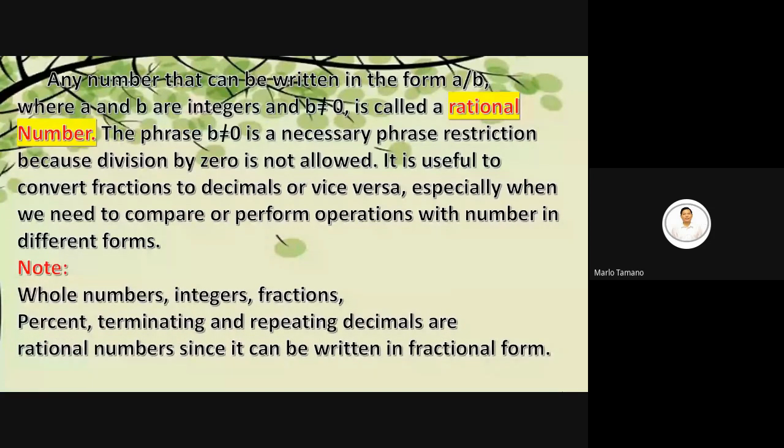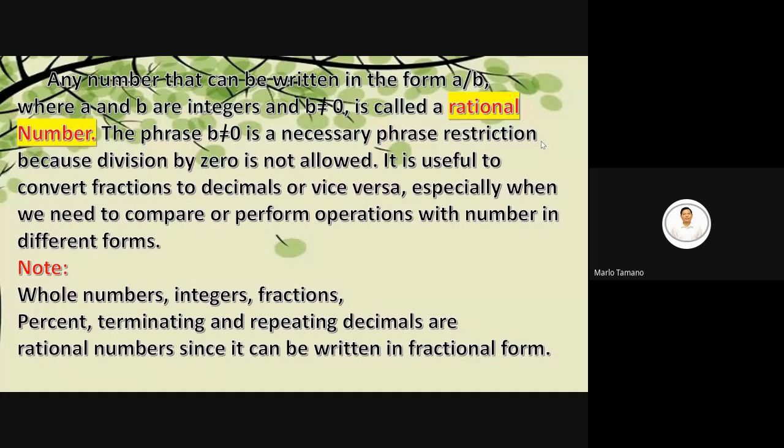Next. Remember, whole numbers, integers, fractions, percent, terminating, and repeating decimals are rational numbers since they can be written in fractional form. Whole numbers, for instance 5, kapag ginawa natin fraction, that is 5 over 1.